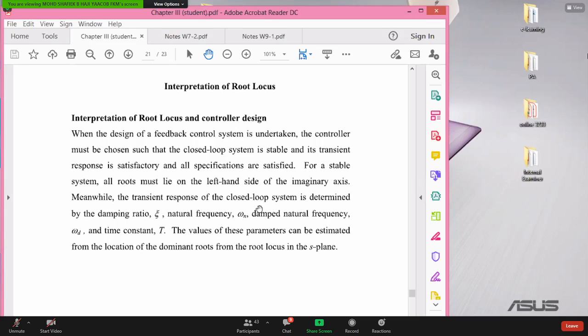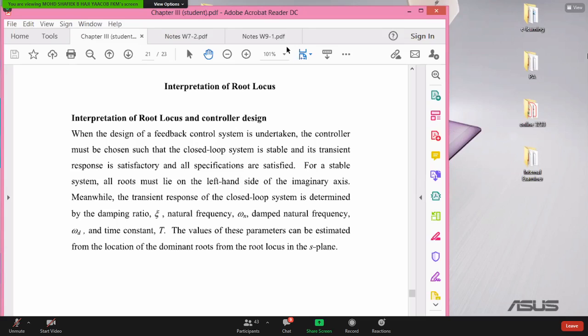And the transient response is satisfactory, that all specifications are satisfied. How can we choose the value of K, which is the controller gain, so that all these criteria can be met? For a stable system, all roots must lie on the left-hand side of the imaginary axis. We don't want to choose the value of K such that the root is on the right-hand side of the imaginary axis. That is for sure.